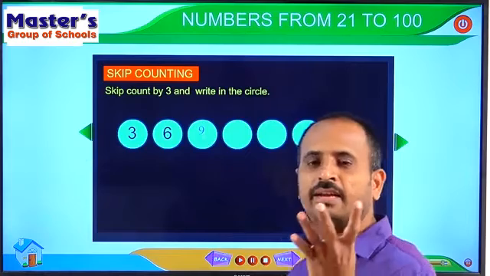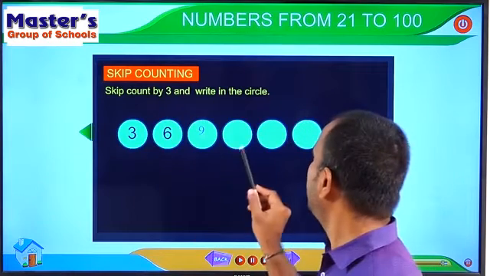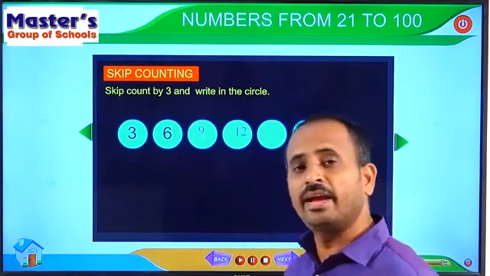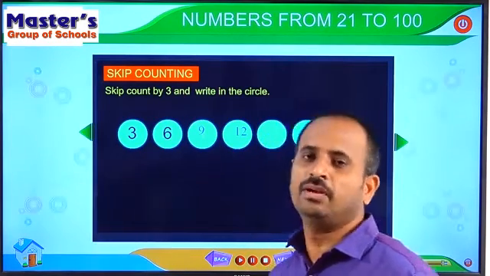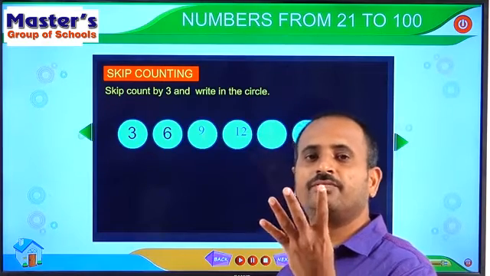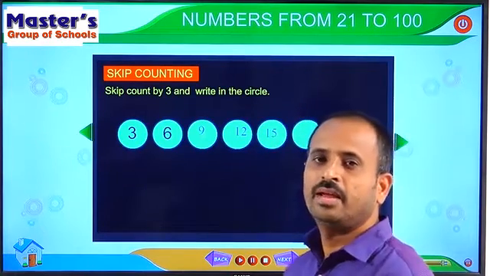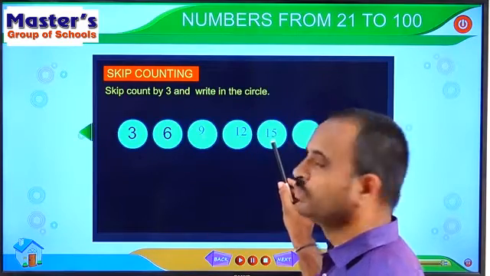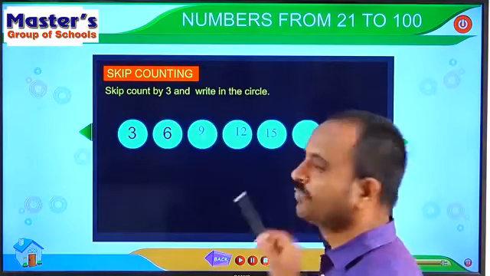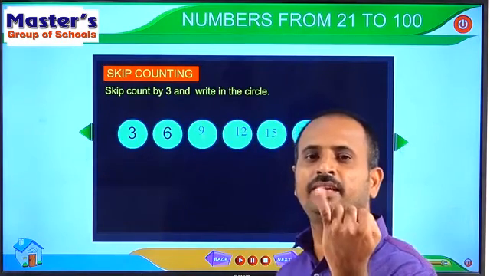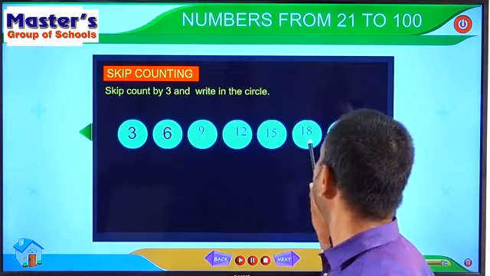9, after it 10, 11, 12. So we will get 12, and again add 3 to the 12. 12, after it 13, 14, 15. So write 15 here. And again add 3 to the 15, and after 15, 16, 17, 18. So write 18 here.